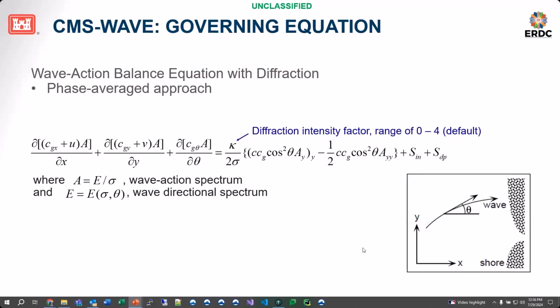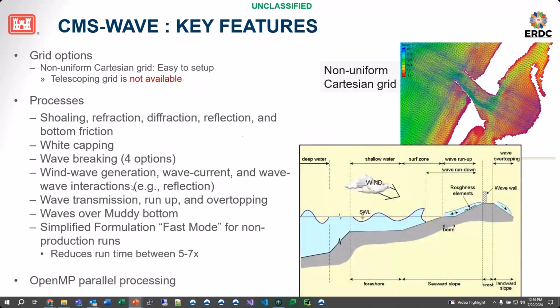Looking at the CMS wave domain, we also have a capability to add in a lot of different features here, but we do cover several different processes: shoaling, refraction, diffraction, reflection, white capping, all these different things. I'll go over a little bit of this and we'll get into more detail probably on Wednesday or Thursday when we start talking about waves.